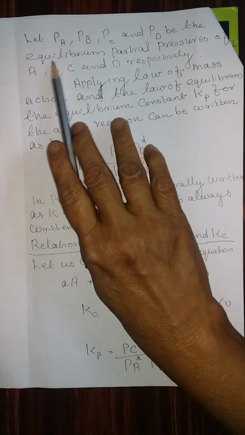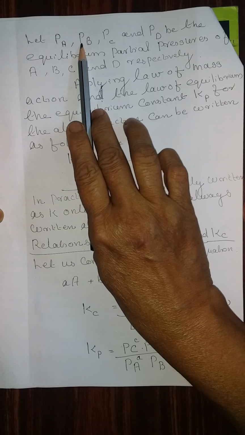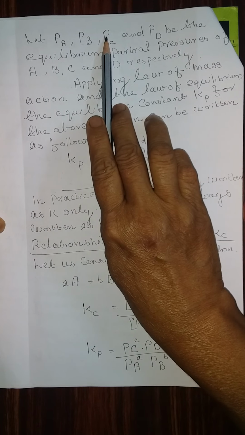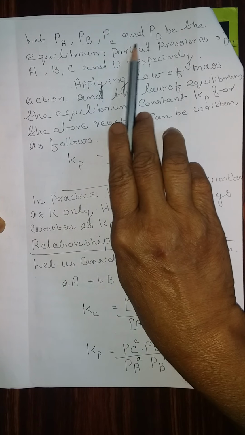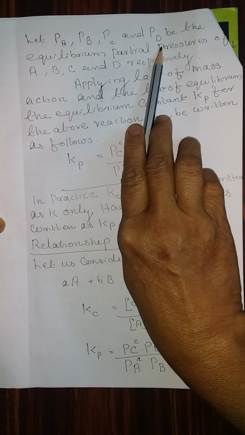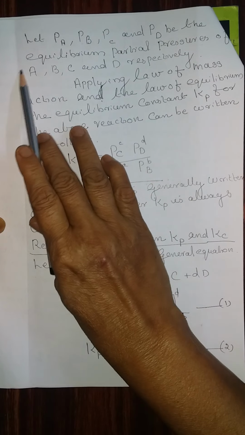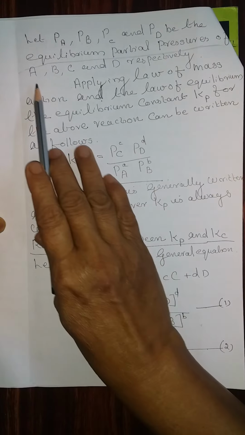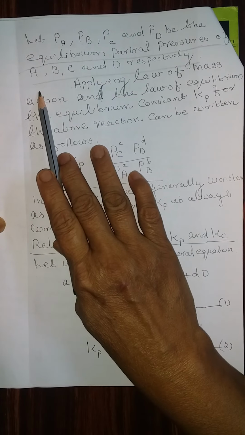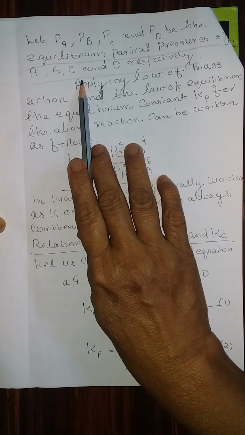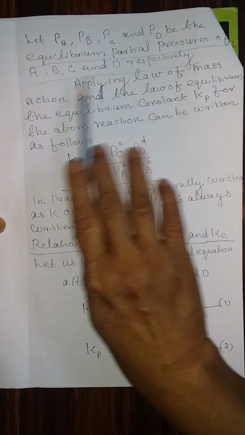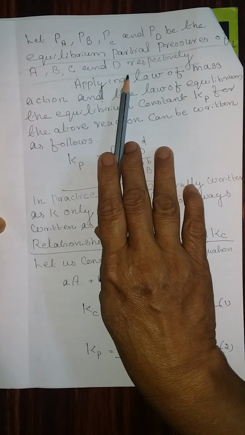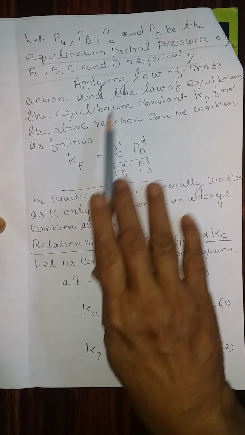Let PA, PB, PC and PD be the equilibrium partial pressures of A, B, C and D, that means the reactants and the products respectively.